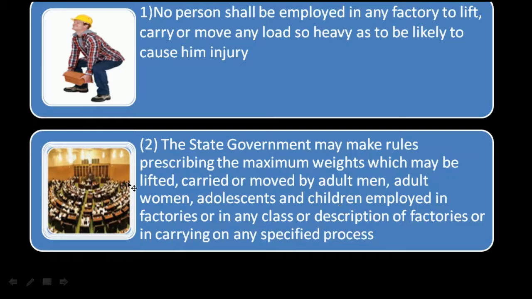So they have to frame rules regarding how much maximum weight could be carried by an adult man, a woman, or children. That has to be stated by the state government. So we'll move on to our next section.